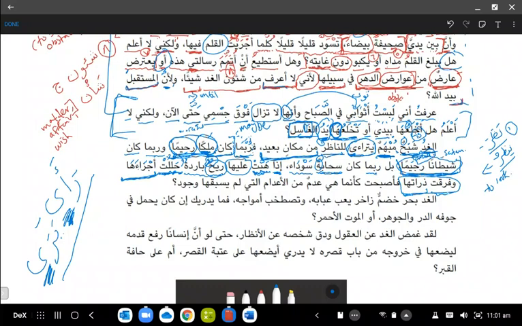Is it not in nasb? It is actually nasb, but this is sound feminine plural. So sound feminine plural, like muslimatun, and then it becomes muslimatin for nasb, and muslimatin for jar as well. So the nasb and the jar have kasra.